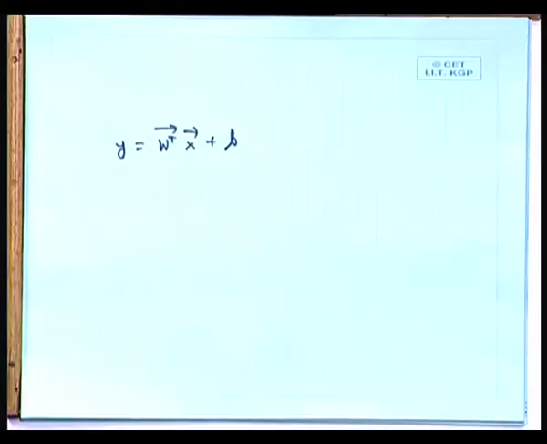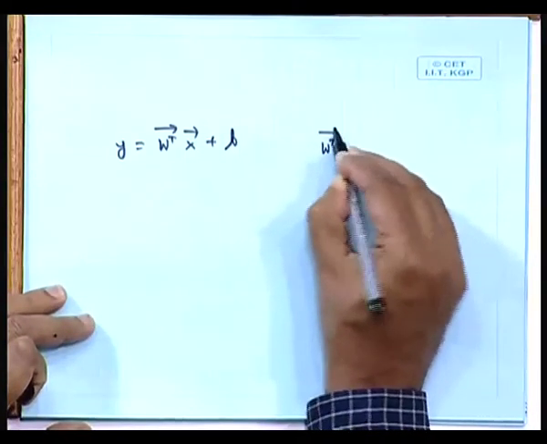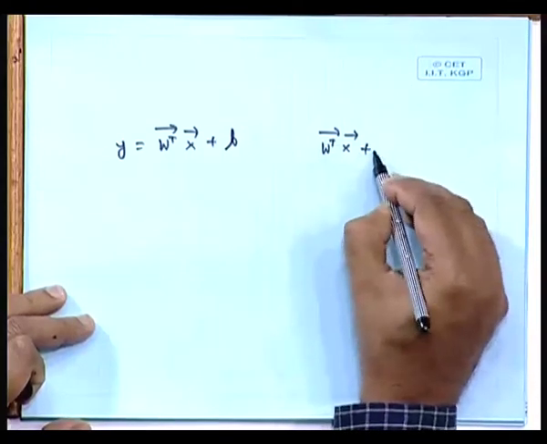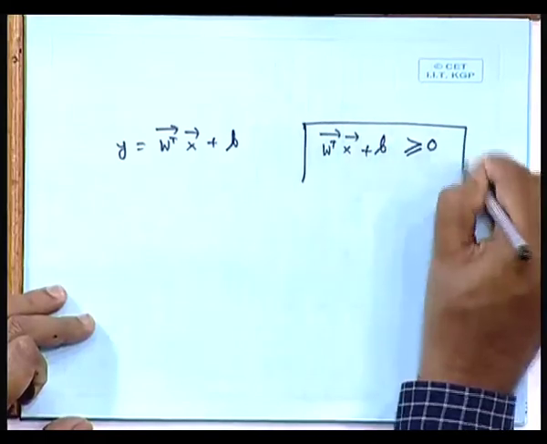So the decision boundary equation is W transpose x plus b greater than or equal to 0. This is the decision boundary, which is the hypersurface equation and which is our simple perceptron equation.